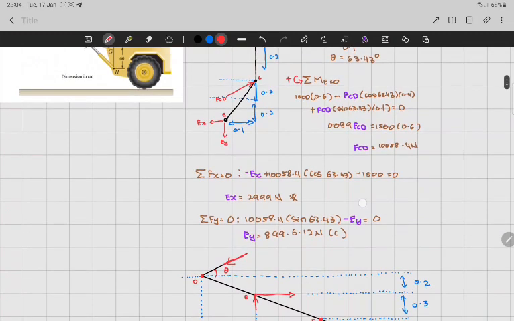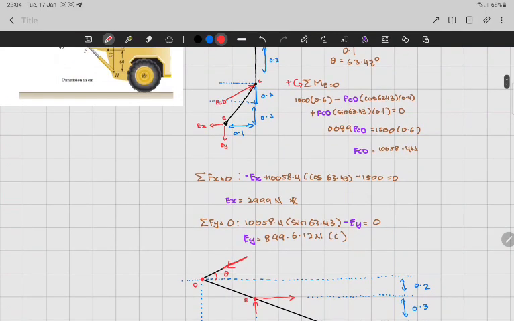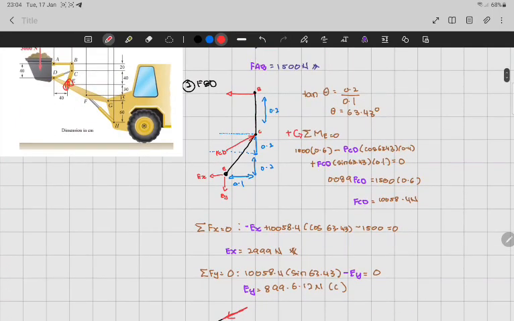So EX we will get 2999 Newton. Then summation of Y is 10,058.4 sin 63.43 minus EY over here is equal to 0. So EY, as we press this in the calculator, we will get 9899.6.